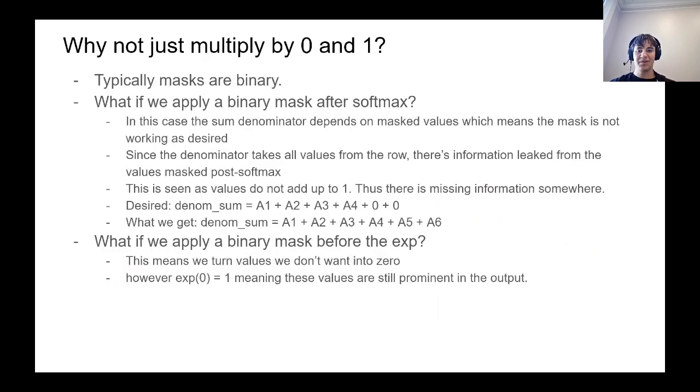So there's a problem with that. And the problem is the denominator. If we have a binary mask that we multiply after we compute the softmax of the inner product of the queries and keys, the problem is the denominator still carries information from the values we wanted to mask.